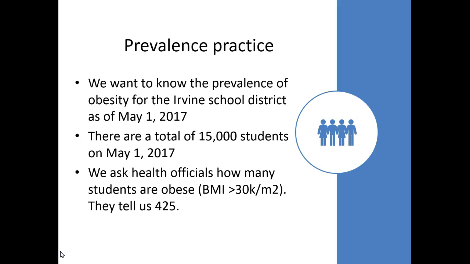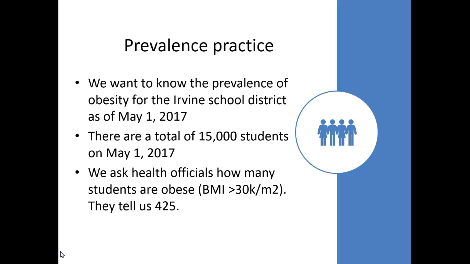There are a total of 15,000 students on May 1st, 2017. We asked the health officials how many students are obese, and obesity was measured by BMI, with a BMI over 30 kilograms per meter square being used as a criteria for obesity. They tell us there are 425.